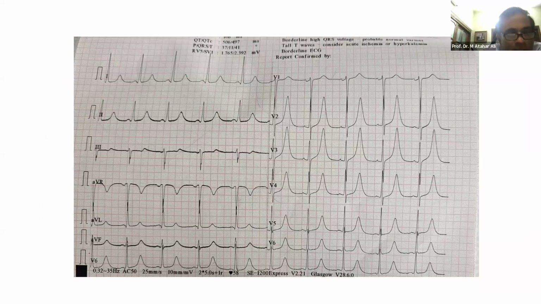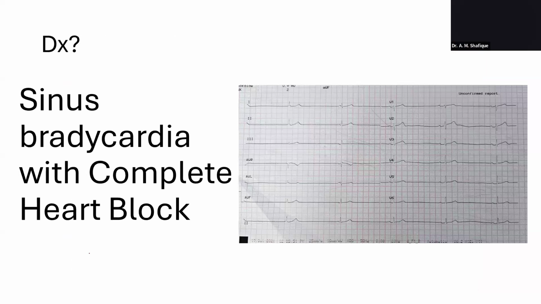Now, Shafique, what treatment did you suggest for that patient? Oh, I already suggested, as the rate is too low, 32, I advised him for pacemaker implantation, definitely a double chamber pacemaker. But the patient is taking time because he has had previous bradycardia. At that time he was treated outside, and they told him he doesn't need any pacemaker right now.